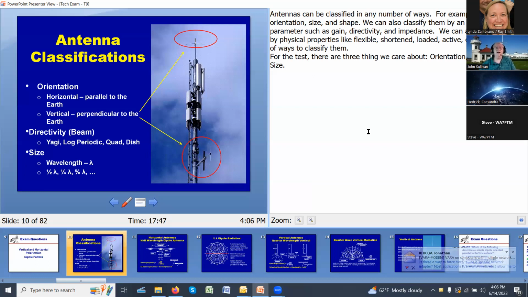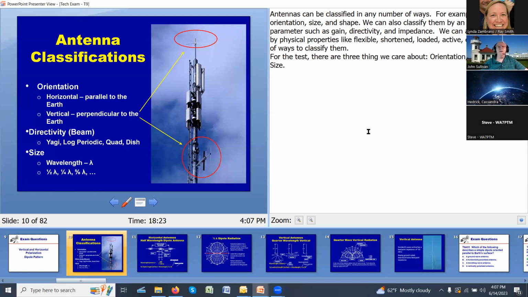The three things that we care about, certainly for exam purposes, are orientation, directivity, and size. Orientation: horizontal means parallel to the earth, so it's a horizontally polarized antenna. Vertical means perpendicular to the earth, which would make it a vertically polarized antenna. Directivity, which we'll get into, includes beam antennas like Yagi antennas and others. And size is relative to wavelength.